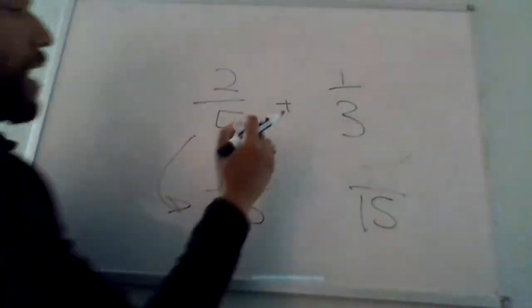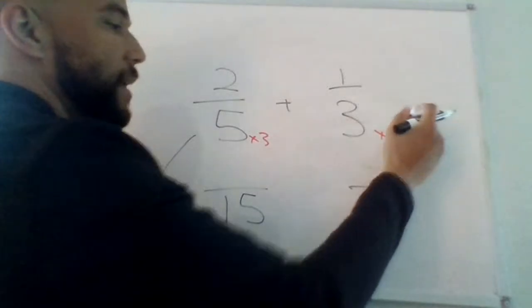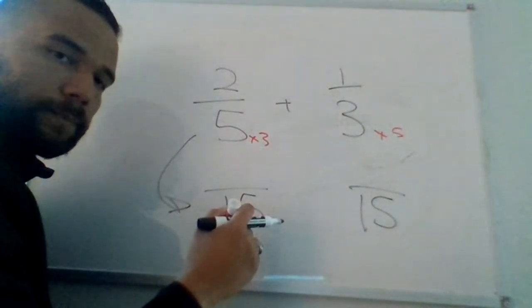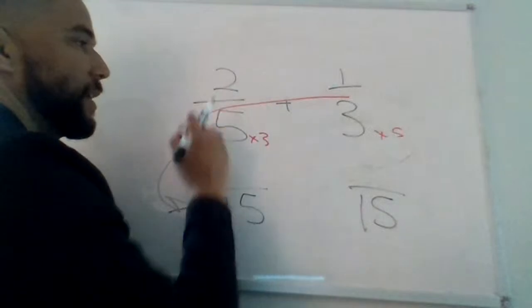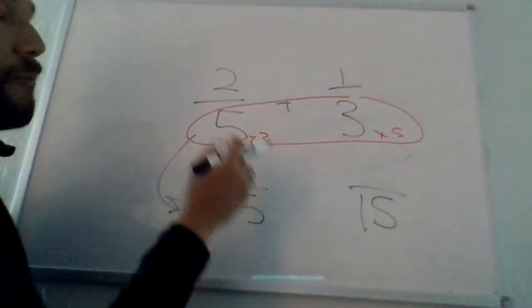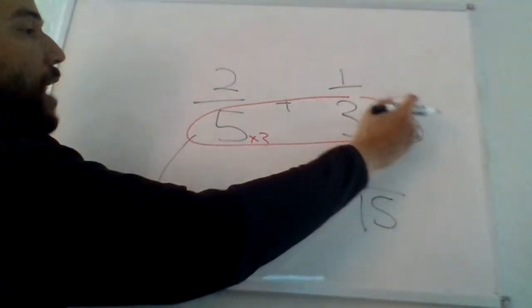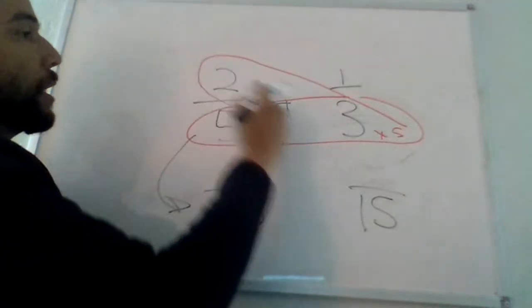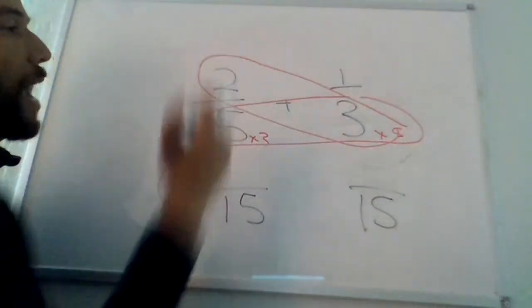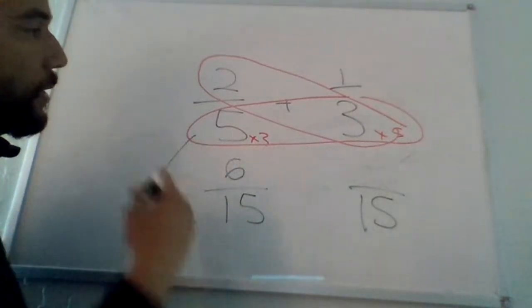Because I know that 5 times 3 gives me 15. I know that 3 times 5 gives me 15. Right? So I multiplied these together. That got me 15. And if I do it on one side, I have to do it to the other side. So now it's going to be 3 times 2, which is going to give me 6.